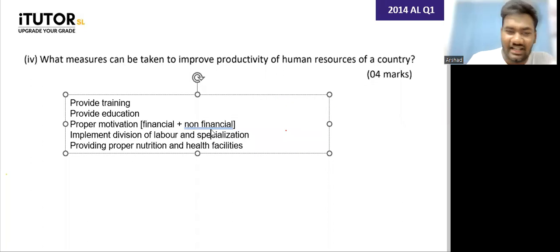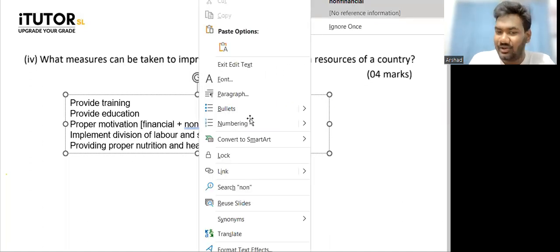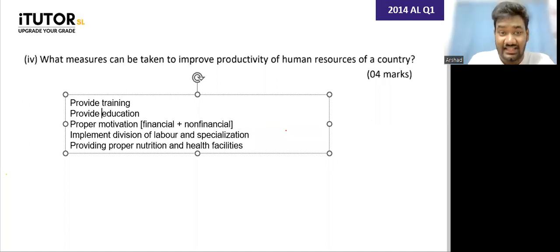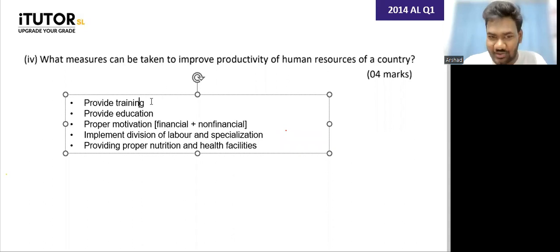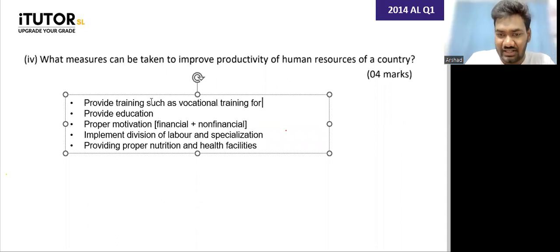So these guys, you don't have to go and explain also. They're only asking you what the measures are. So you can say these kinds of measures. Maybe you can write a little bit longer things. For example, providing training such as vocational training for the employees. Providing education in terms of ordinary levels, advanced level, degree programs.